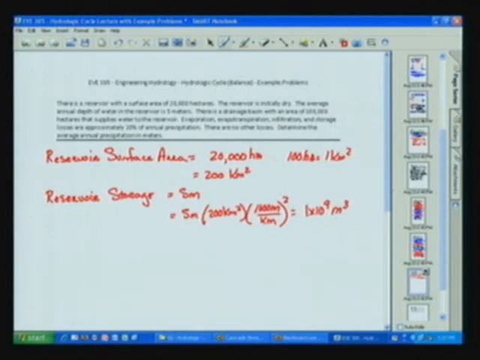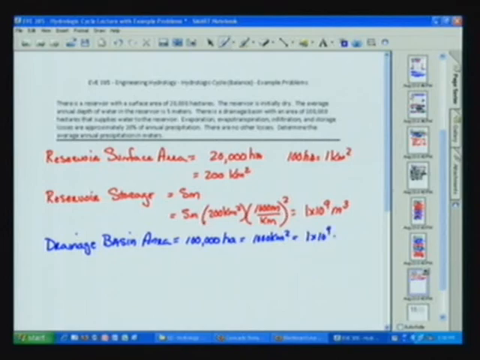Okay. The drainage basin area is 100,000 hectares, which is 1,000 square kilometers, which is 1 times 10 to the 9 square meters.